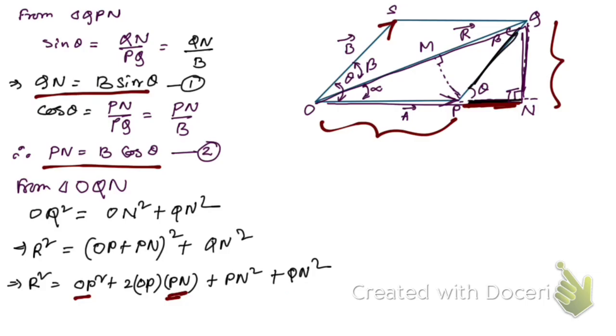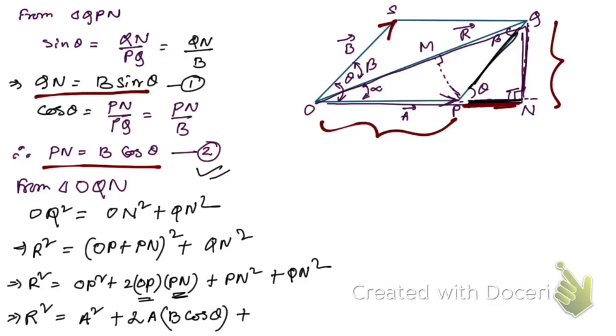Then R square, OP square is A square, then 2A, instead of PN we put B cos theta, then again PN square, that means B square cos square theta, then QN square, so B square sin square theta.